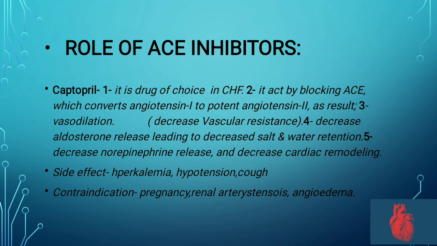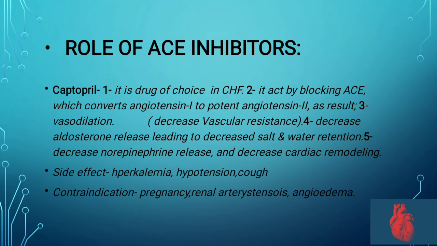As a result there is vasodilation, that is a decrease of vascular resistance. It decreases aldosterone release, leading to decreased salt and water retention. It decreases norepinephrine release and decreases cardiac remodeling. Side effects of captopril are hyperkalemia, hypotension, and cough. It is contraindicated in pregnancy, renal artery stenosis, and angioedema.